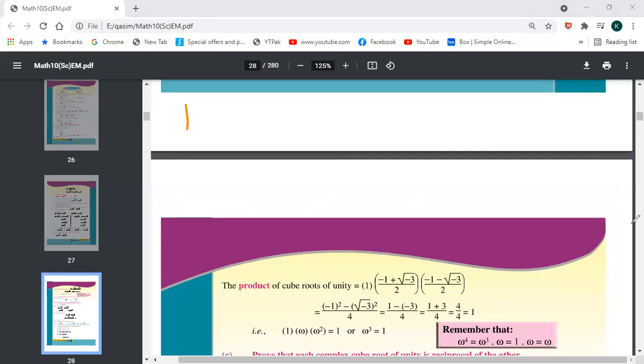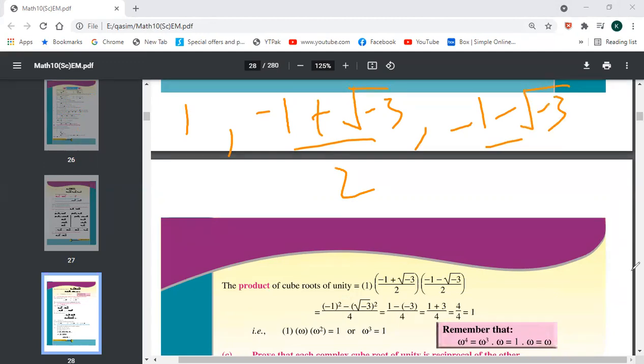We know that the first root is 1, the second root is (minus 1 plus under root minus 3) upon 2, and the third root is (minus 1 minus under root minus 3) upon 2.